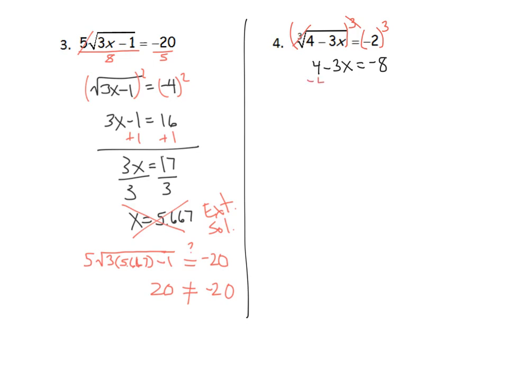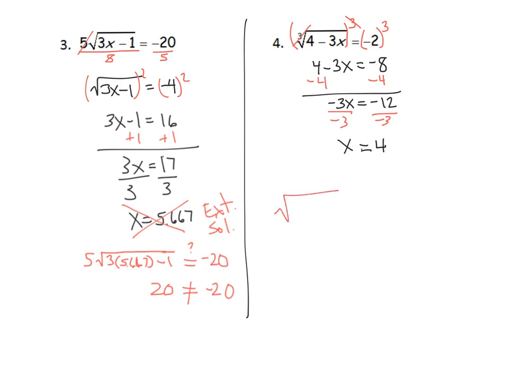We will then subtract 4 from both sides. We will get negative 3x equals negative 12. Divide both sides by negative 3, and we get x equals 4. So now we need to check that answer to make sure it works.